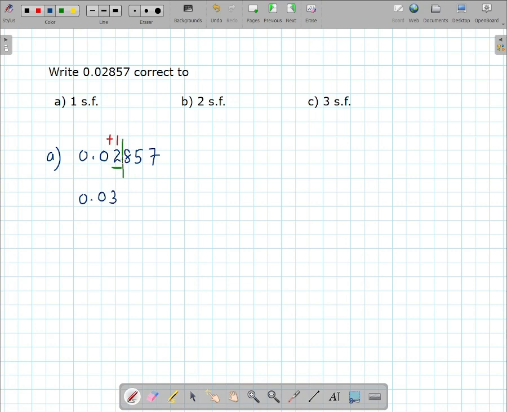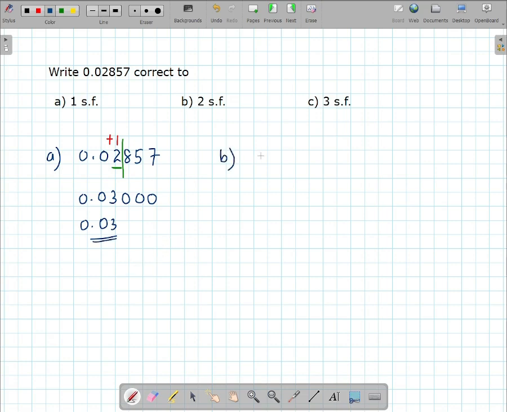Then after the separation, all the digits are 0. You can write zeros if you want. Since it's a decimal, if you don't write them, that's also okay. So the answer is 0.03.